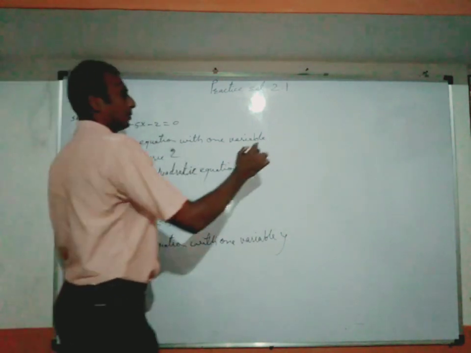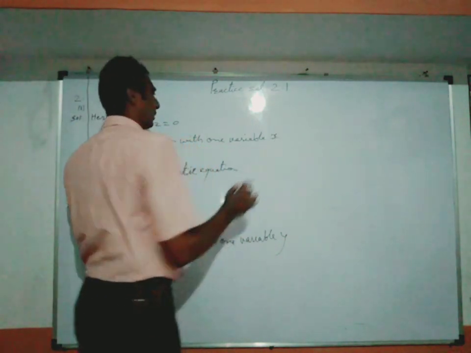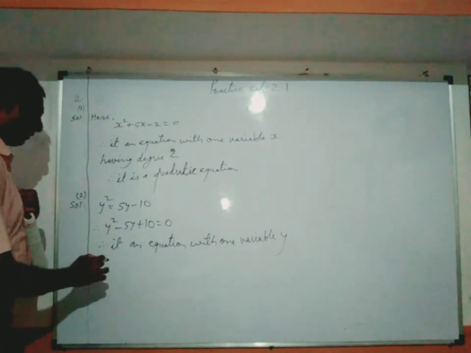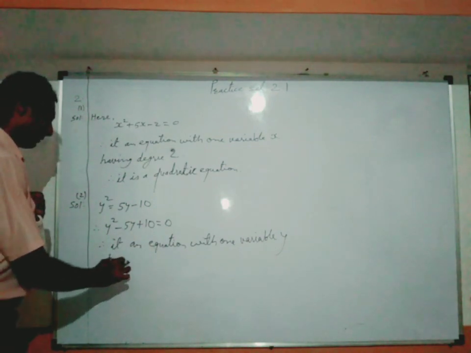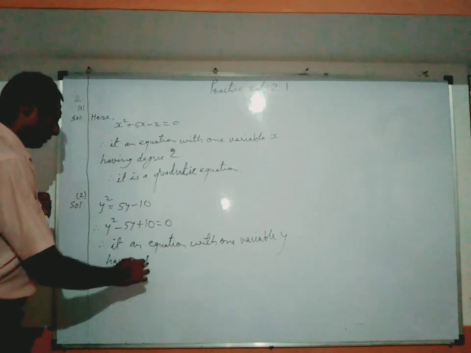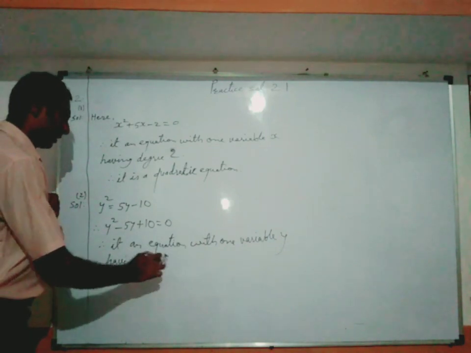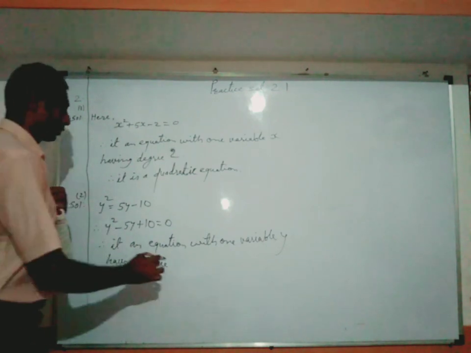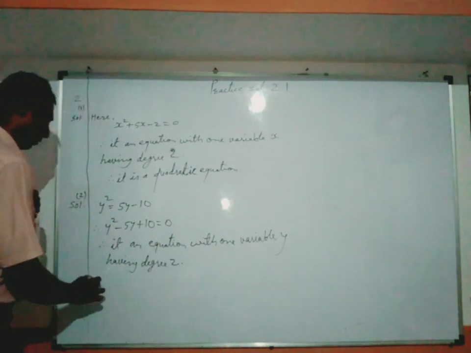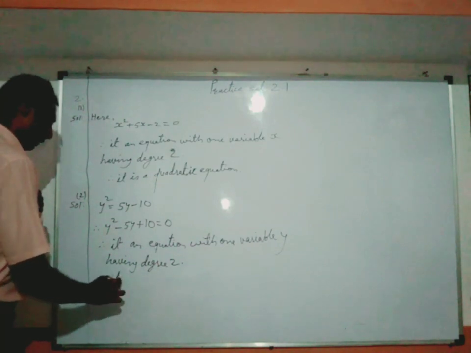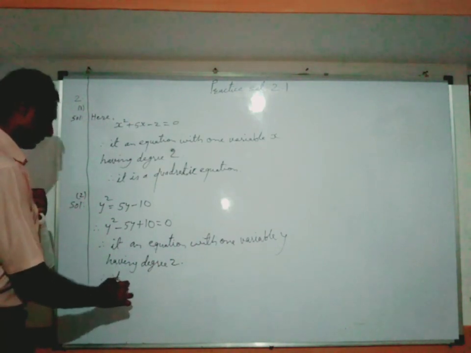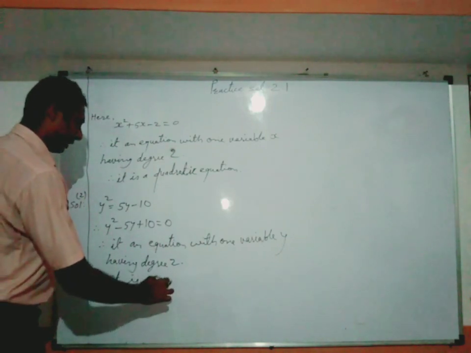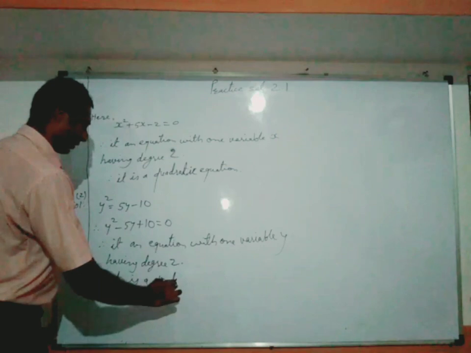Here variable was x. Okay, here variable is y. Having degree. Degree means maximum power of that variable. That is 2. And therefore, it is a quadratic equation.